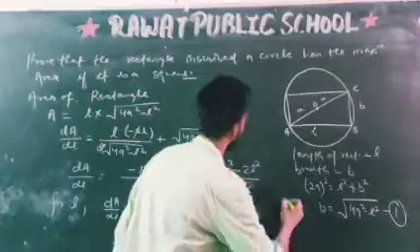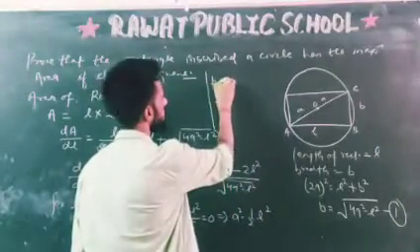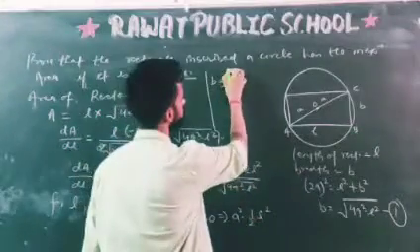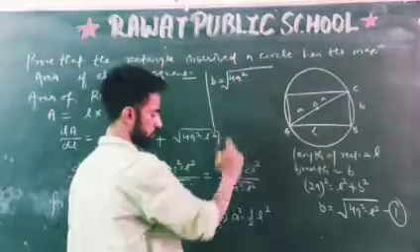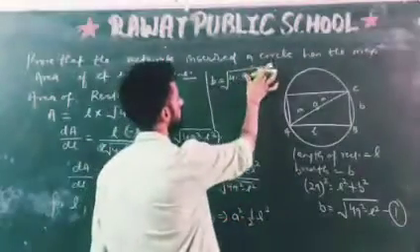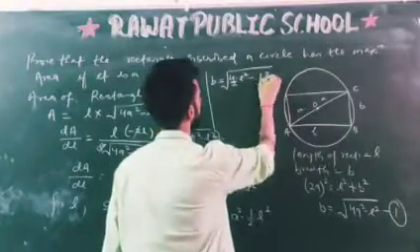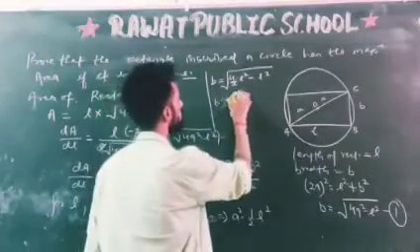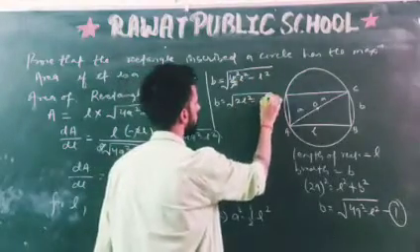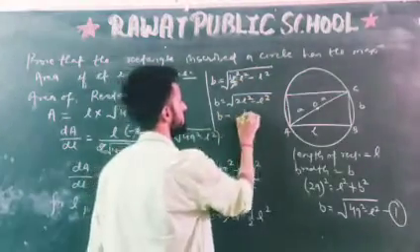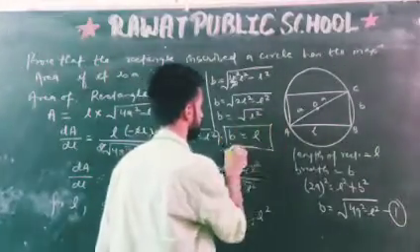B is equal to root of 4a square, and in place of a square I can put half L square, minus L square. B is equal to root of 2 times 2L square minus L square, B is equal to root of L square, and B is equal to L.